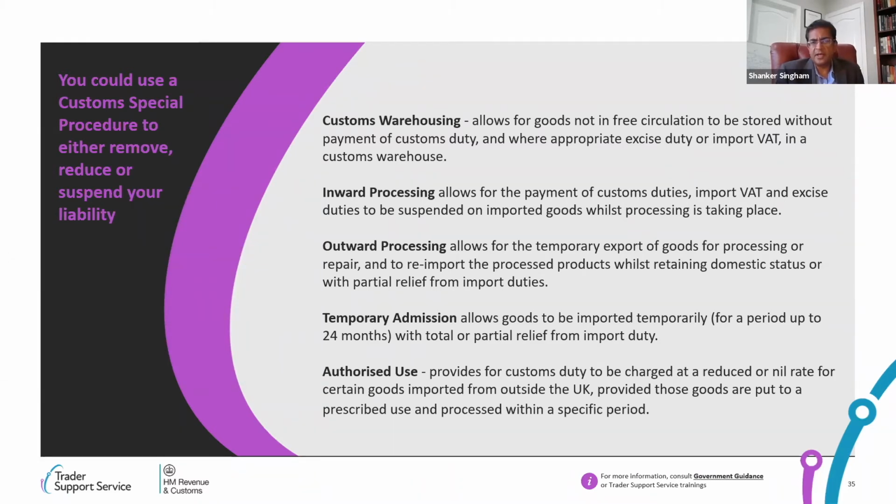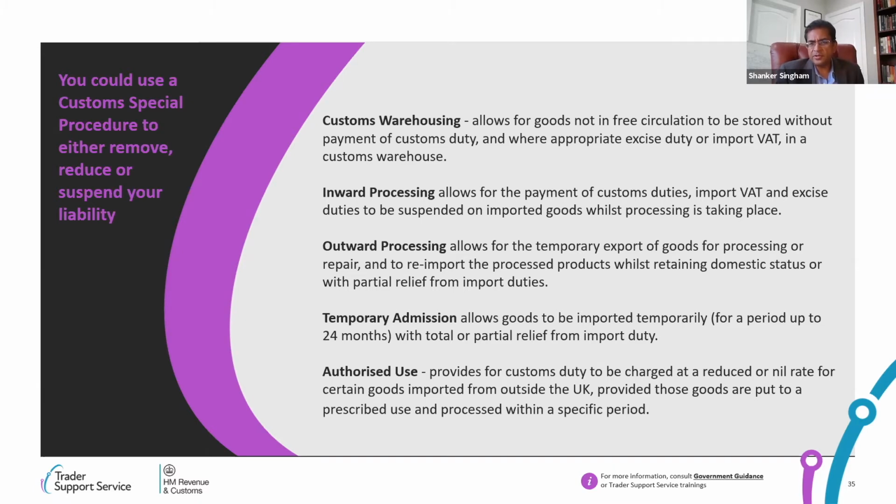cash flow benefit there. Outward processing allows for the temporary export of goods for processing or repair and to re-import the processed products whilst retaining domestic status. So the combination of inward-outward processing, you tend to see quite a lot of this between NI and GB within that UK customs territory.